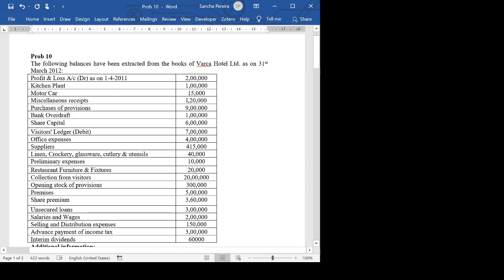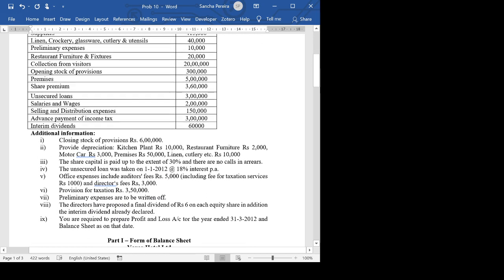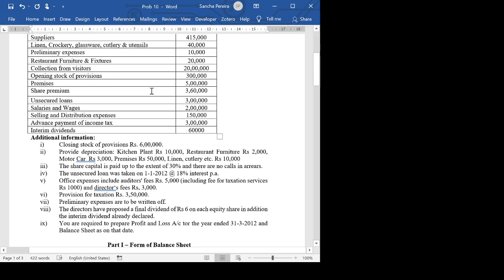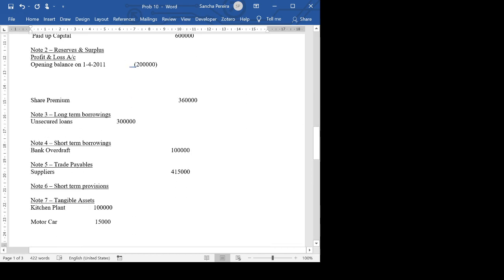Restaurant furniture and fixtures is 20,000, and premises here are 5 lakhs.